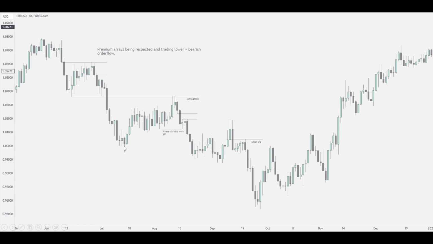Even when we're trading back up to premium arrays, notice how we're still respecting discount arrays. So look, leg up past this high. What's this? Discount. Comes up, seeks out liquidity again, chops around a bit.